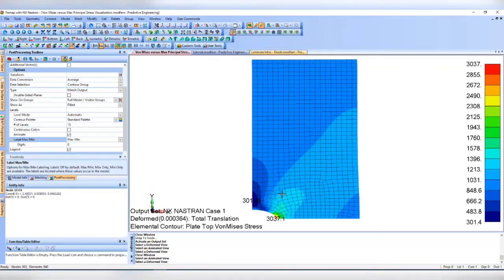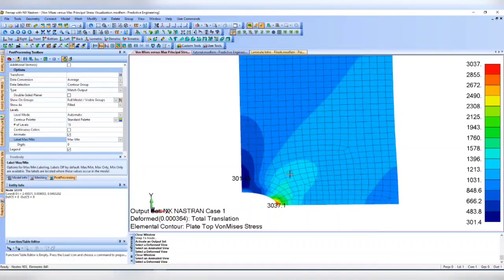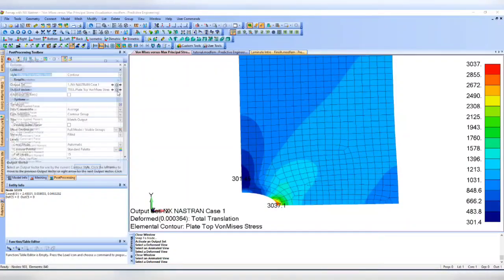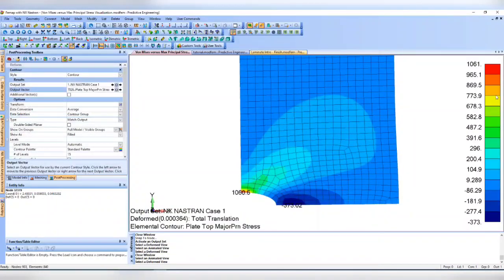And so just always remember that if you plot von Mises stress, you don't know whether it's in a state of tension or in a state of compression. The only way you know is when you plot plate top major principal stress, and that will give you the max tension stress field. And you can see that the max tension stress field is actually here. And it's a value of 1000 psi in a state of tension.